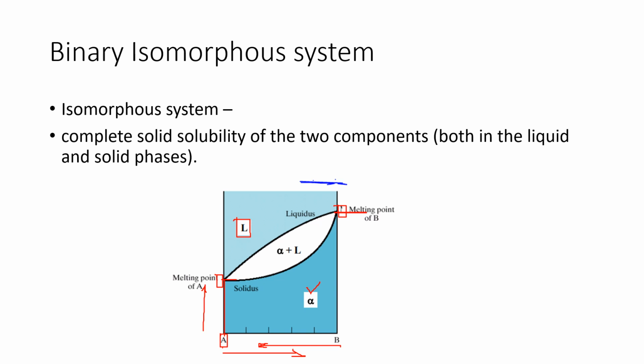Above this point the solution is completely liquid, above the liquidus line. Even over here, both the solutions, with the composition at that point and at this specific temperature, are in the liquid phase, in the liquid region.